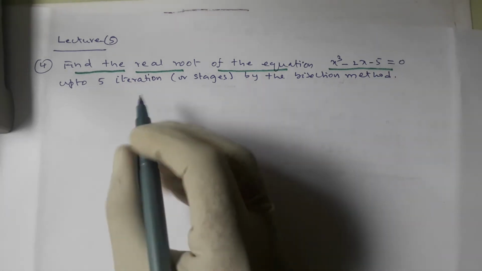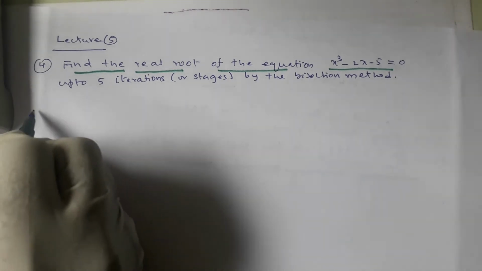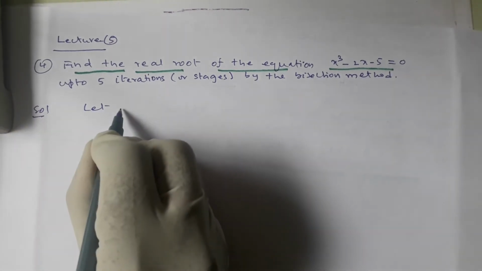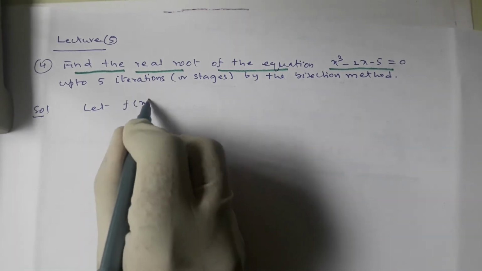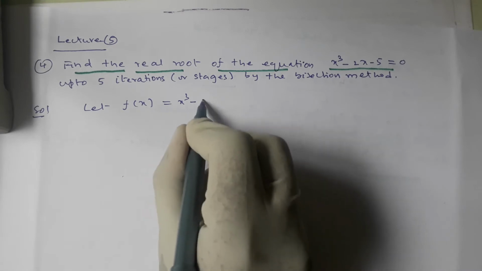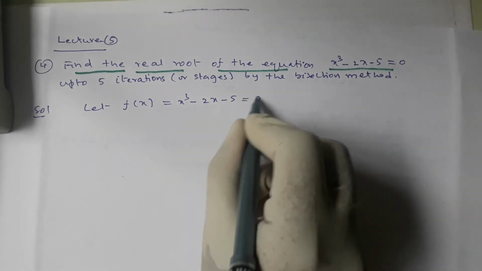So only 5 iterations are enough, so that the solution is to be the same only up to 5 iterations. f of x is equal to x cube minus 2x minus 5 is equal to 0.